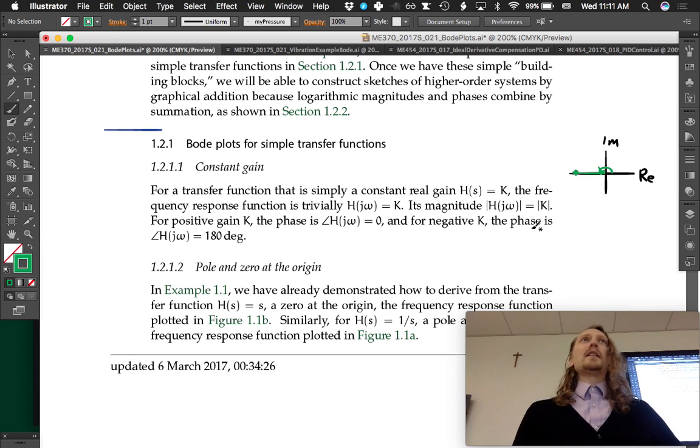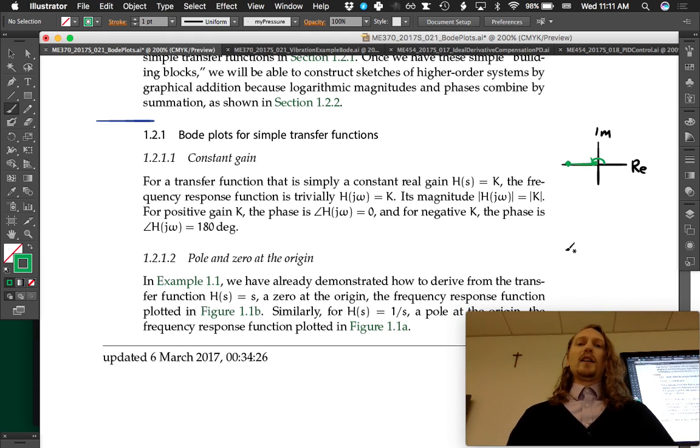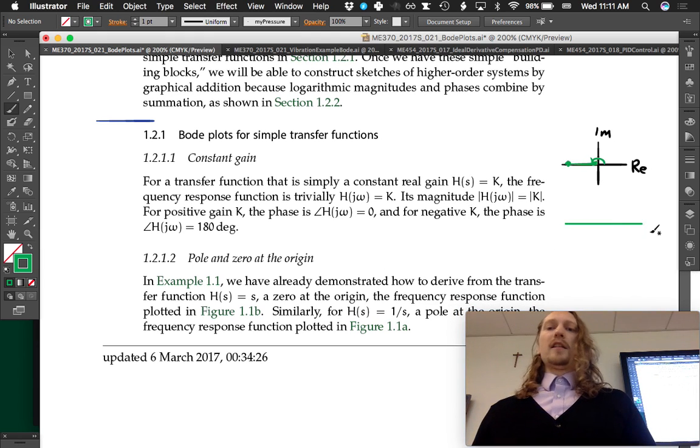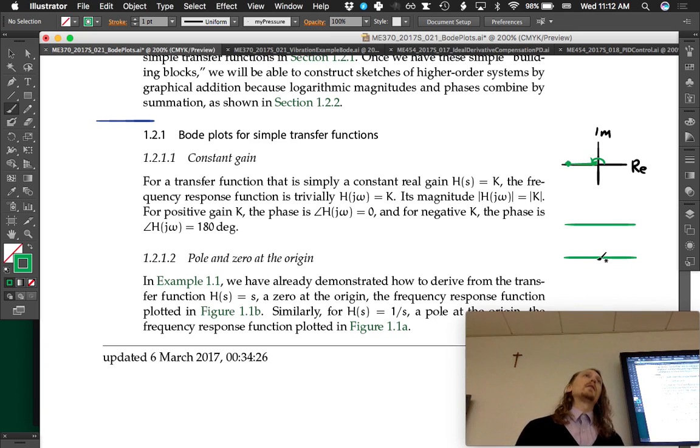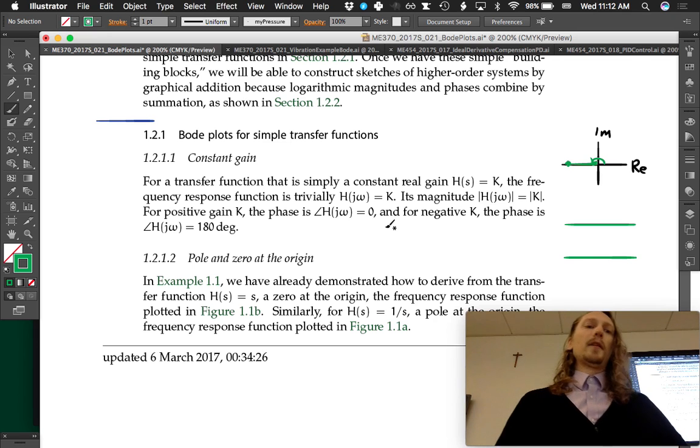Okay, so that's easy. We didn't even have to really draw it because the magnitude plot is going to look like a constant k, and the phase plot is going to look like constant 0 or constant 180, or negative 180. They're equal to each other. So that was easy enough, the constant gain one.